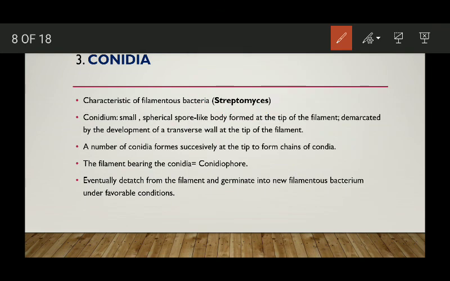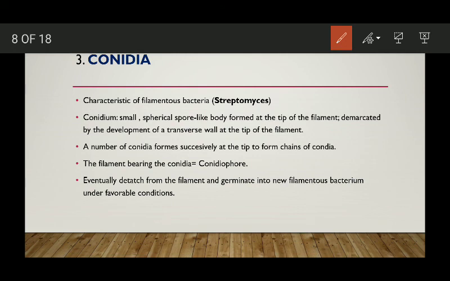What is a conidium? A conidium is a small spherical spore-like body formed at the tip of the filament, and it is differentiated from the filament by the development of a transverse wall at the tip of the filament.